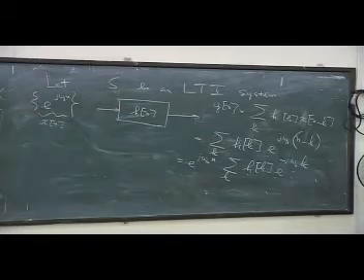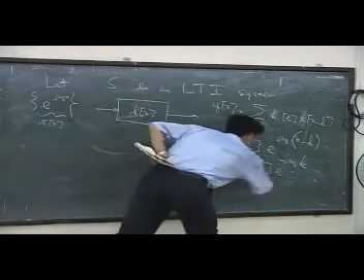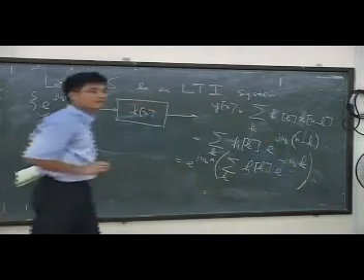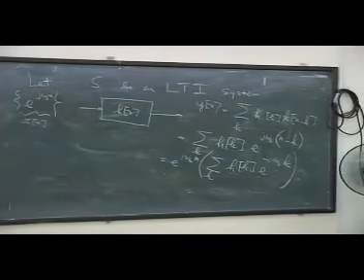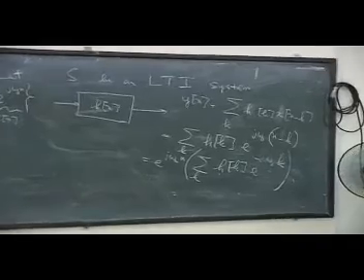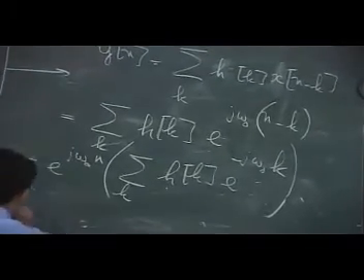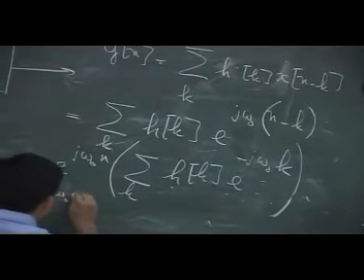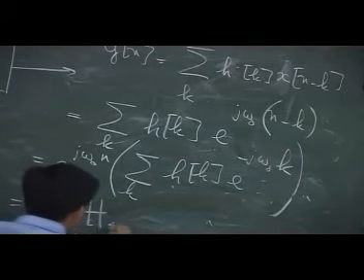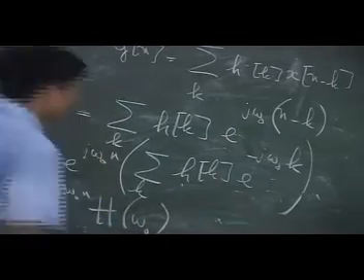Is it correct? So what is this thing inside here? By definition, it looks like this thing here. So now it is equal to e^{j omega naught n} times H(omega naught).